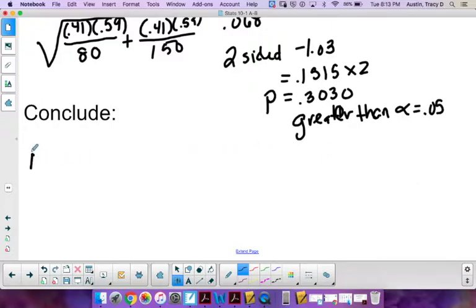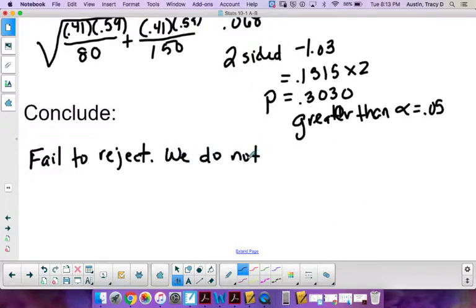Okay, so we are going to fail to reject, right? And this is where some of you kept getting backwards, even on your open response last chapter. If I am failing to reject, it's because I do not have enough evidence to support the alternative. If I reject, it's because I do have enough evidence.